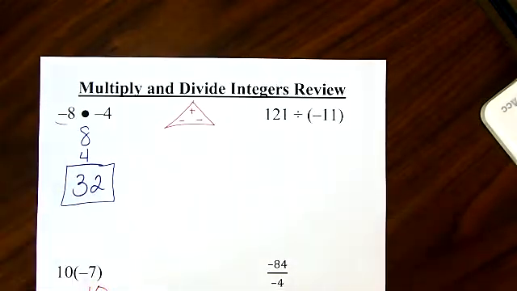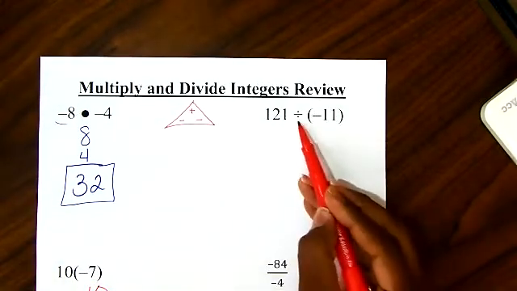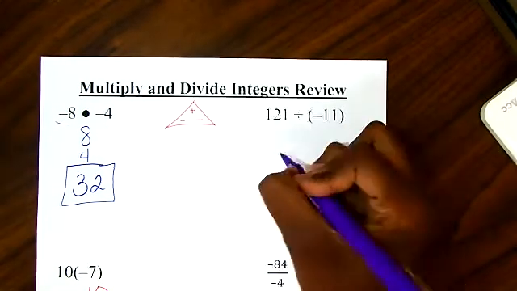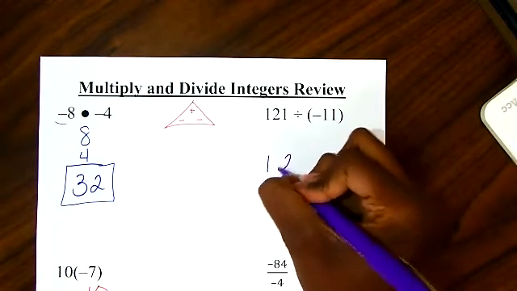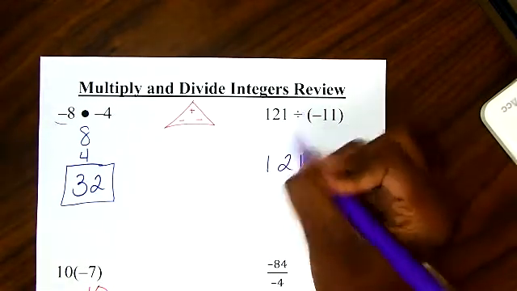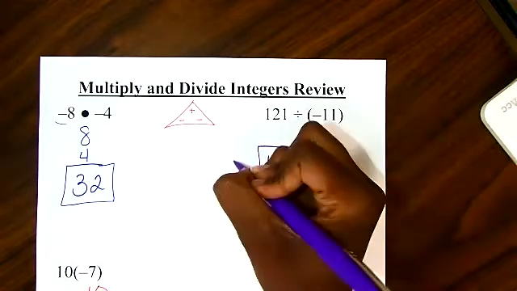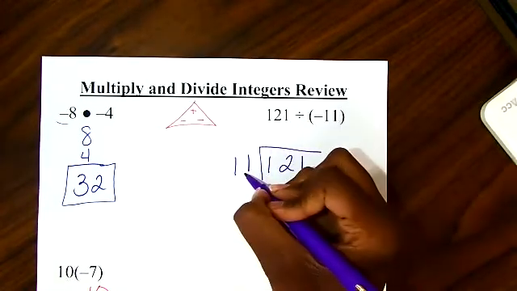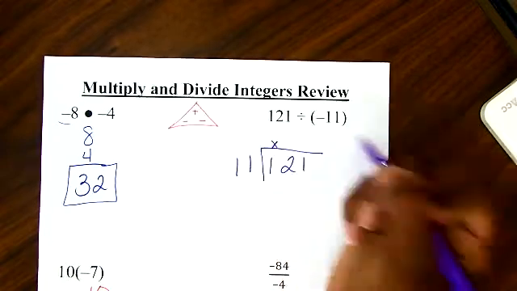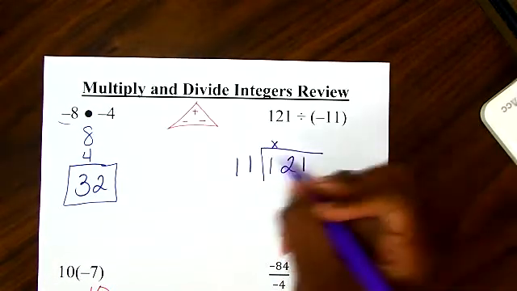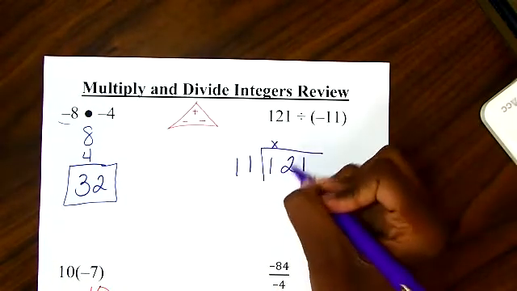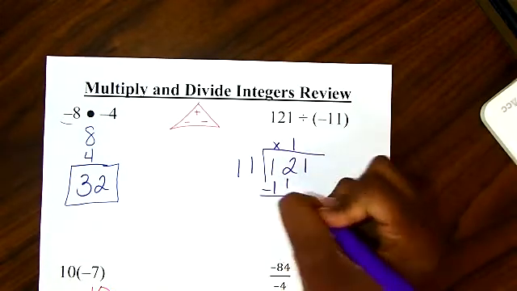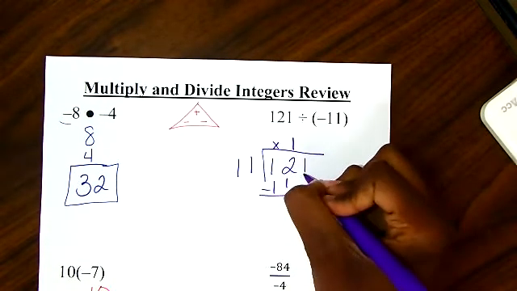There we go. Remember, when it looks like this, how you say it is how you write it. So we have 121 divided by 11. Okay, now we're going to divide like normal. 11 will not go into 1. 11 will go into 12 one time. So we're going to subtract. We have 1 left over.